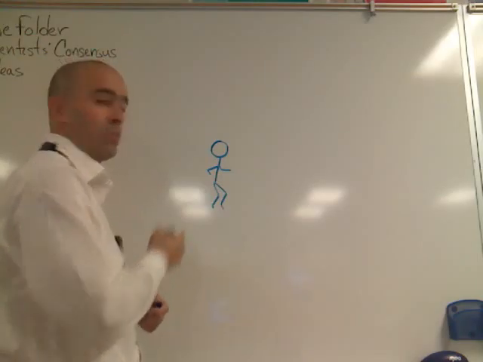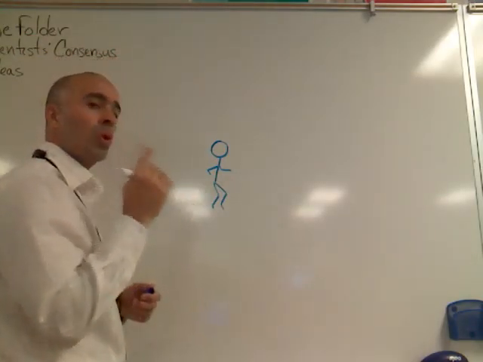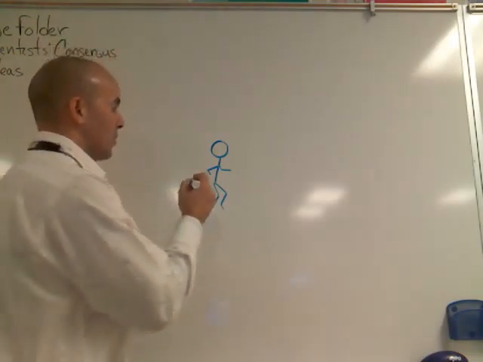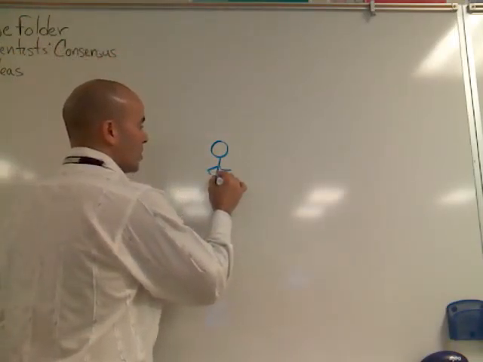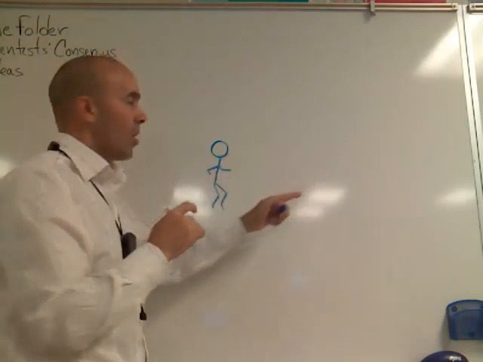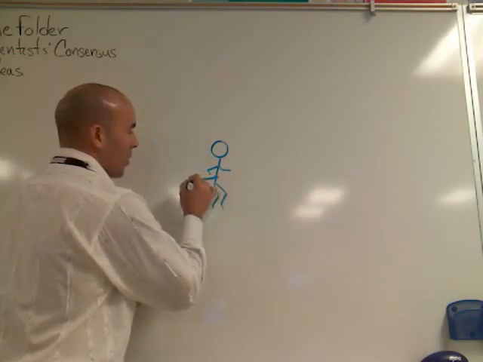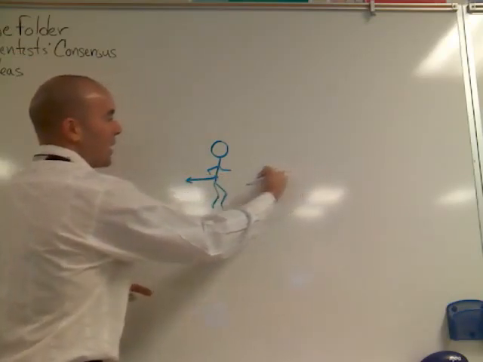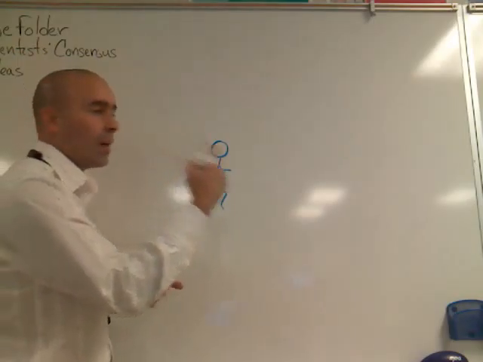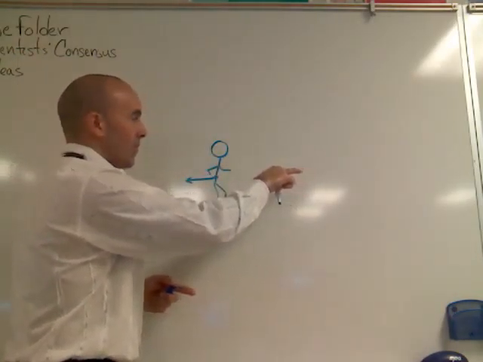Then I'm going to draw the force arrow. The student is running forward, but the arrow has to be pointing backward because the wind is blowing against him. So the direction of the force is backward, not forward.